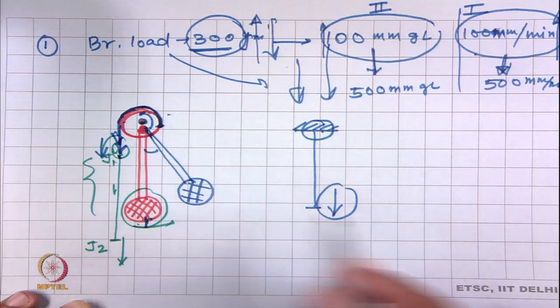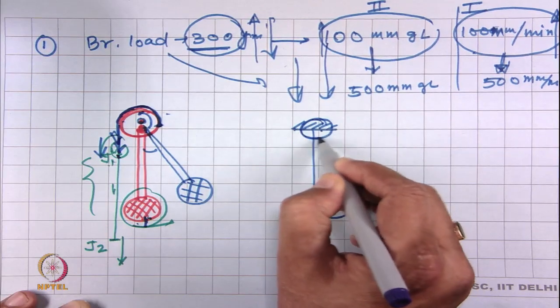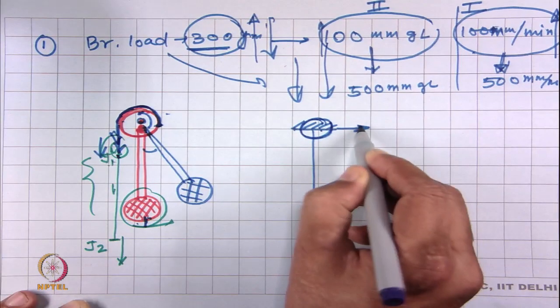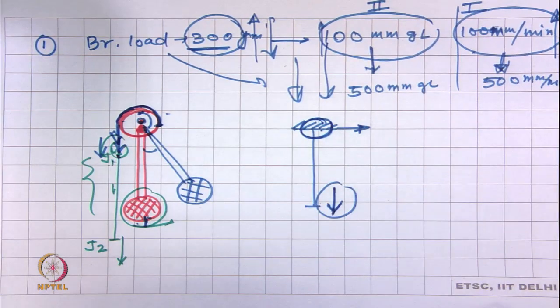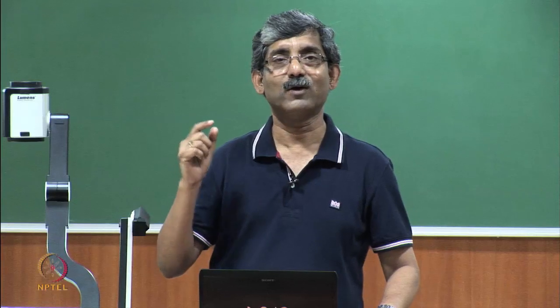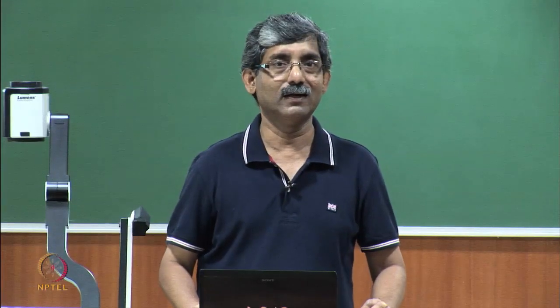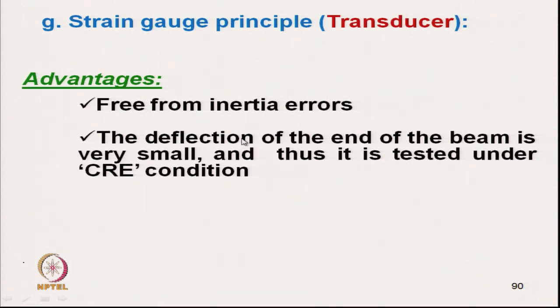But here, as it is moving, the load has to be measured without any deflection, and that is why the strain gauge principle is used here. If we assume that there is no movement in the upper jaw, only then can we get it, but the confusion comes here.